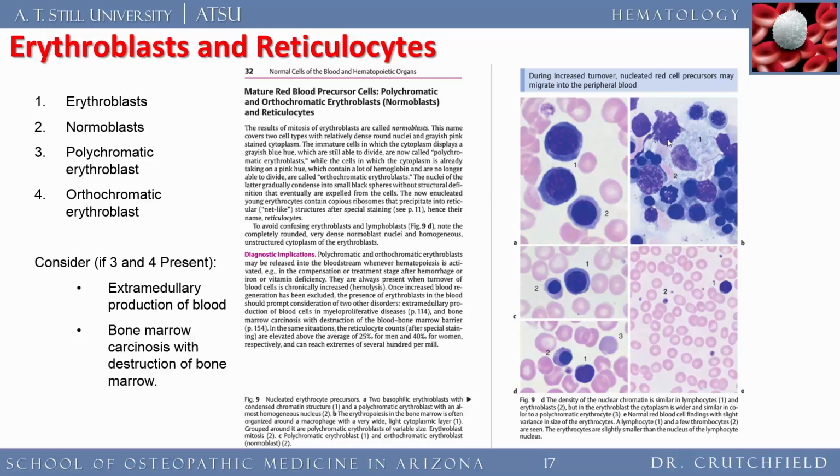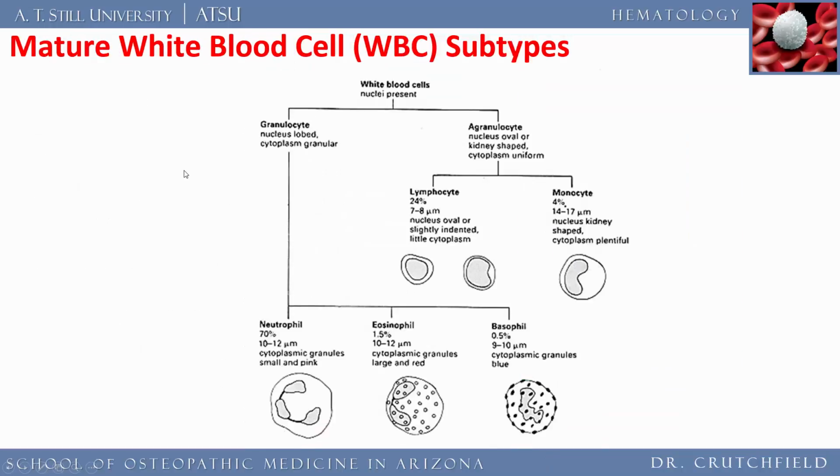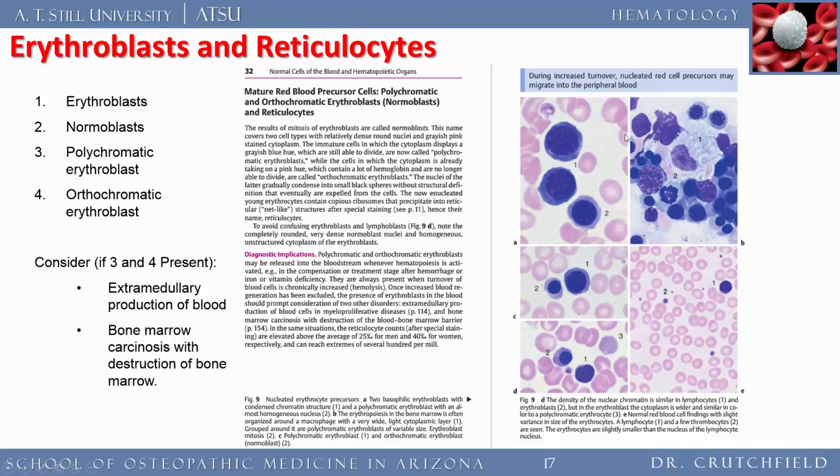So now let's look at these red cells and how they're formed. So we've already spoken about reticulocytes, how they're precursors to the initial erythrocyte, but the reticulocytes themselves come from the erythroblast. And over here we're looking at what these various cells will look like.